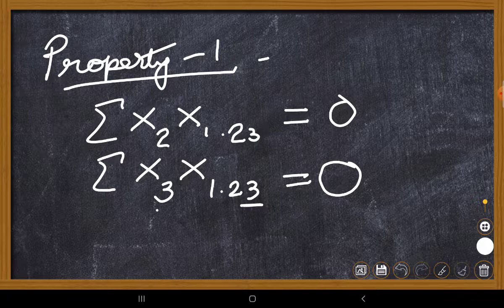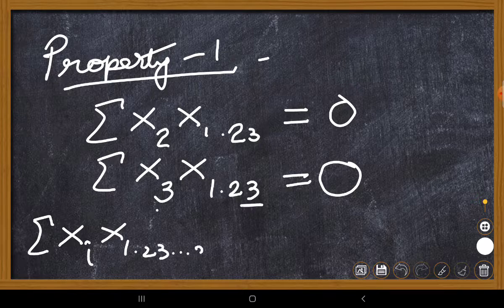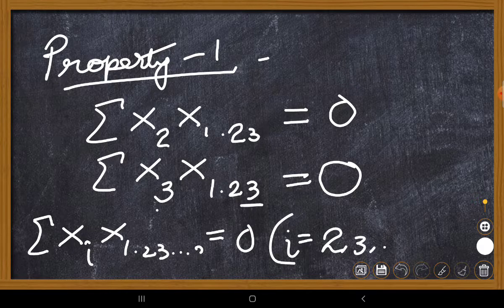And in general this property can be given like this: summation xi into x1.23...n will be equal to 0, where i goes from 2, 3 up to n. That means I can take any number from 2 up to n. Okay, so this is property number 1 of residuals.